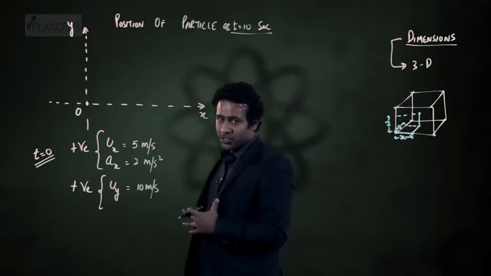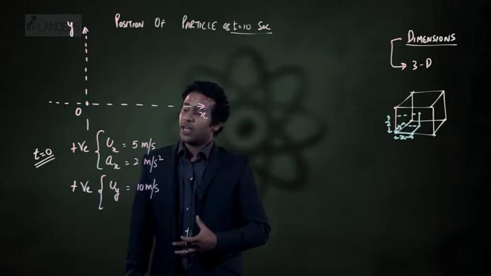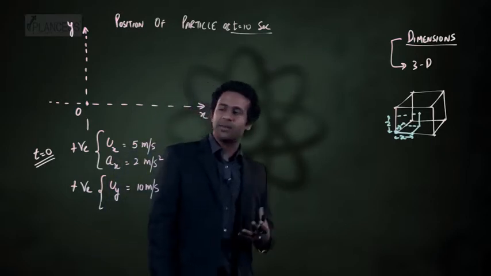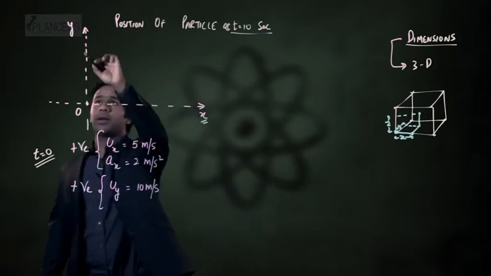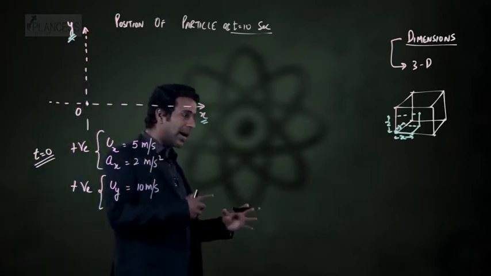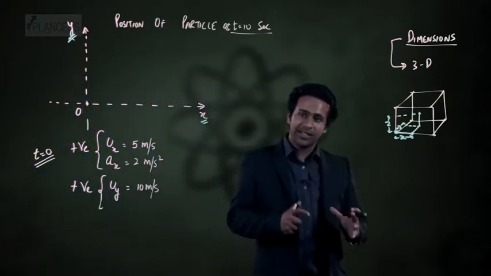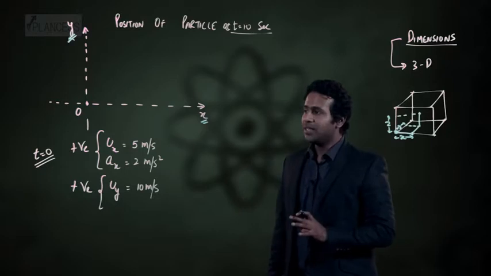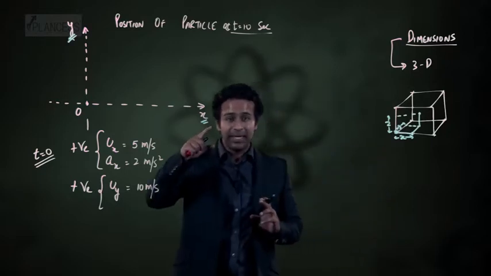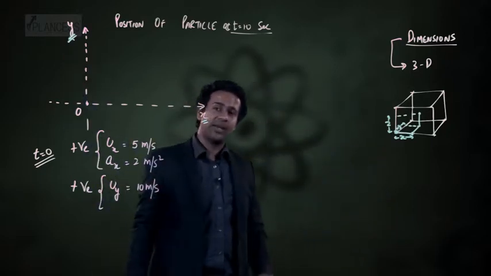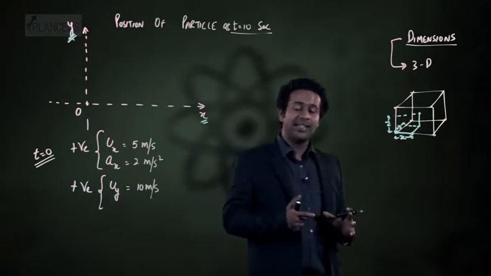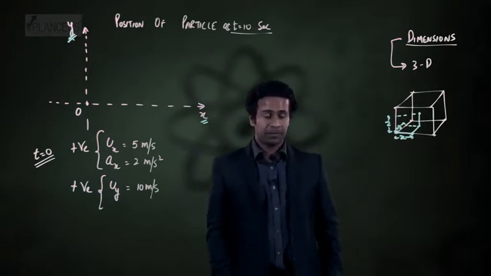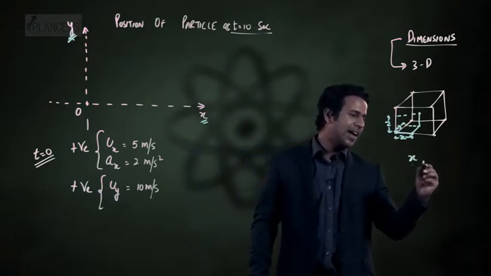Now in this case, we are calling this motion two-dimensional because there are two variables involved. But when we call them two dimensions, it basically means that this is completely independent of the second dimension. For instance, x and 3x.